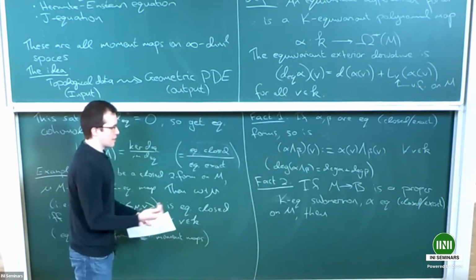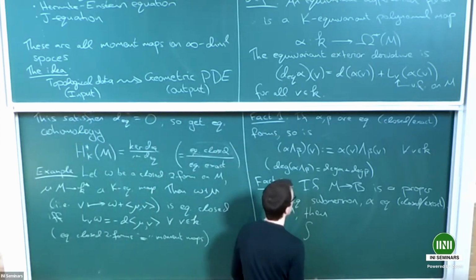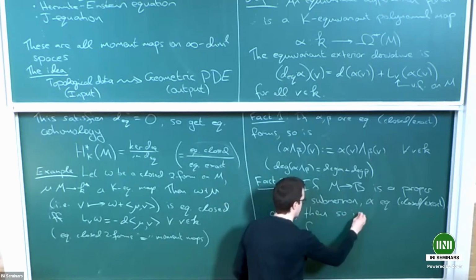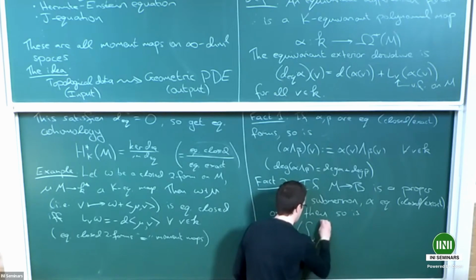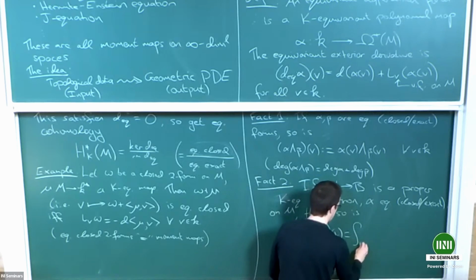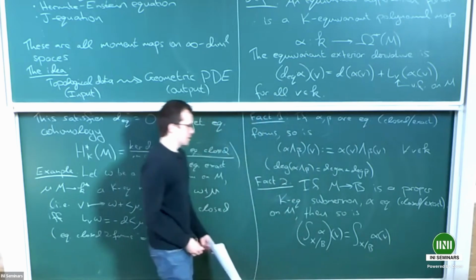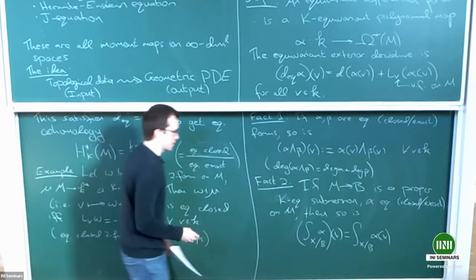Then we can integrate alpha over the fibres. So is the integral over M over B of alpha, which we define by integrating alpha over the fibre at b. And again, this changes the degree.